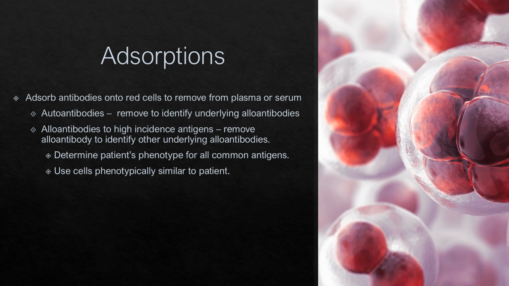So this technique can be very helpful whenever you have an antibody to a high-frequency antigen. You can adsorb that antibody out so that it will leave any other alloantibodies so that you can continue to rule out all the common antibodies.